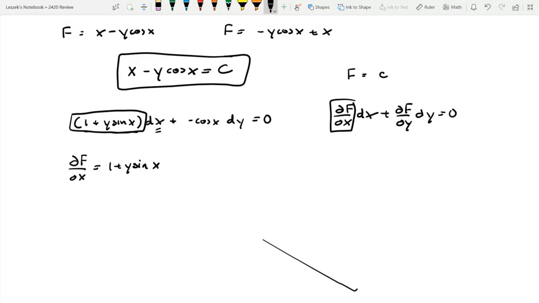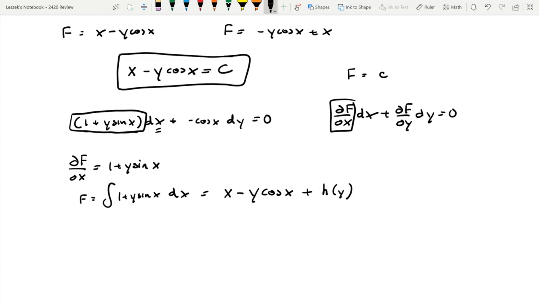So we simply then undo this partial differentiation with respect to x by anti-differentiating with respect to x. Right, which gives us, okay, and we don't get just a constant of integration, but rather we get a function of the other variable.